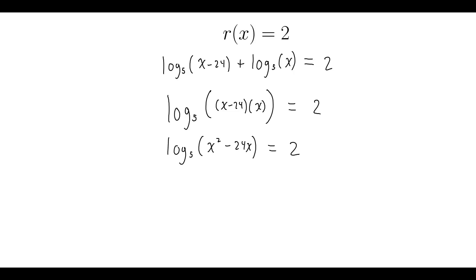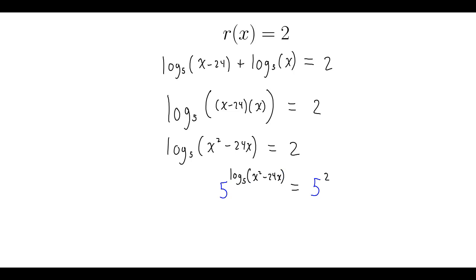Let's get rid of it by using exponential base 5 on both sides of the equal sign. So the left side is now my exponent on 5, and 2 is the exponent on 5 on the right side.